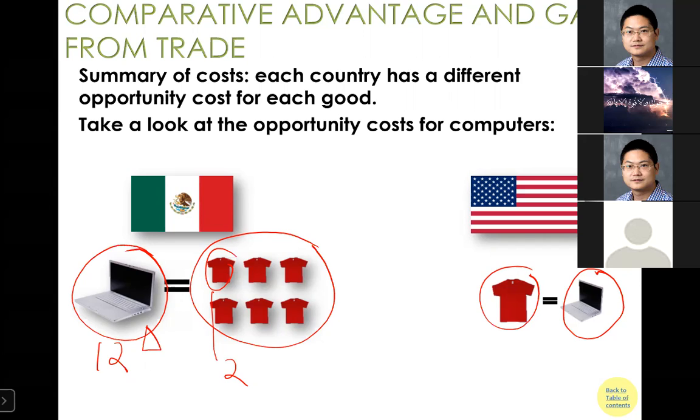However, there are two sides of the same coin. In Mexico, to produce one shirt, they give up 1/6 of a computer. But in the US, they give up one unit of computer. This means Mexico has stronger technology to produce shirts compared to the United States. Now, this is summarized in the next slides.